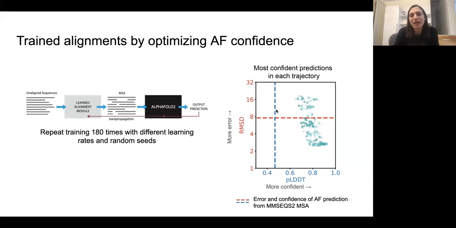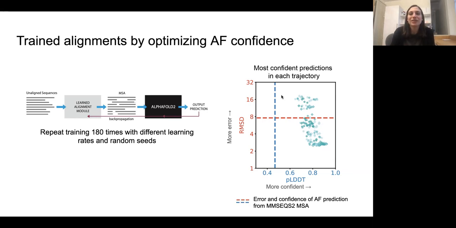The blue dotted line is the confidence of the AlphaFold prediction from the MMseqs2 MSA, and the red dotted line is the error for the MMseqs2 MSA. So any point below the red dotted line means we came up with a structure prediction that was better than the one produced from MMseqs2. It shouldn't be surprising that all the points are to the right of the blue dotted line, because we're optimizing for confidence, so of course we're going to find solutions that are more confident.